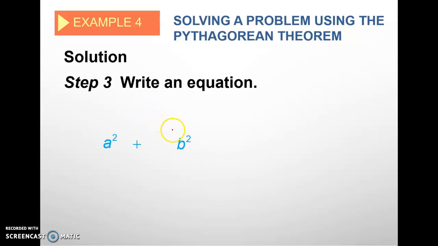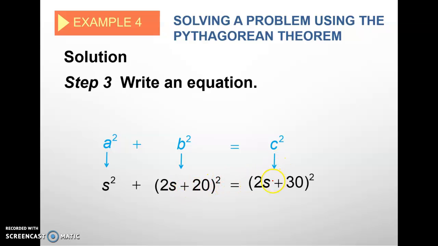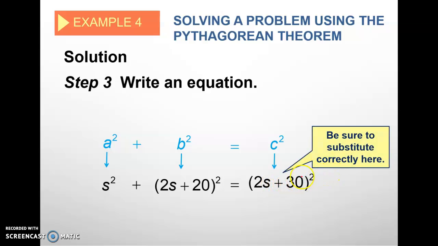So we write the equation. This is a squared plus b squared equals c squared. Our a is s squared, b is 2s plus 20 squared, and our c, which is the hypotenuse, is 2s plus 30 squared. Do not interchange the values of a, b, and c.